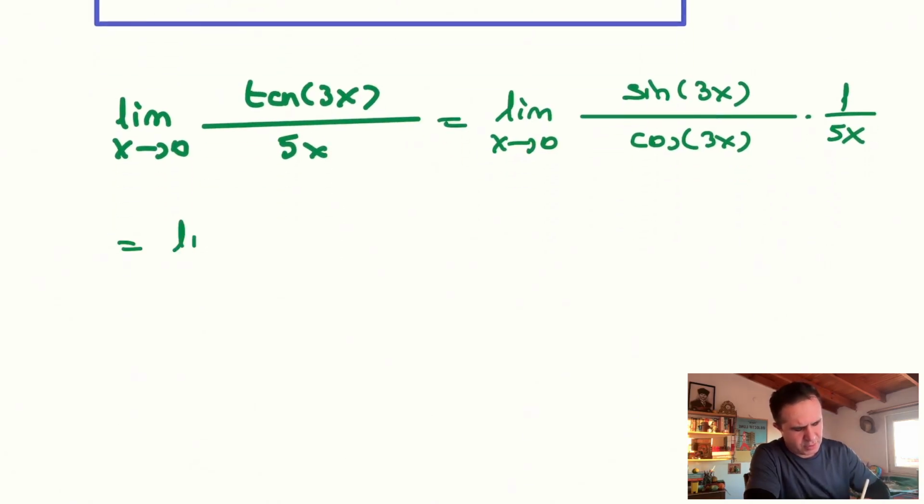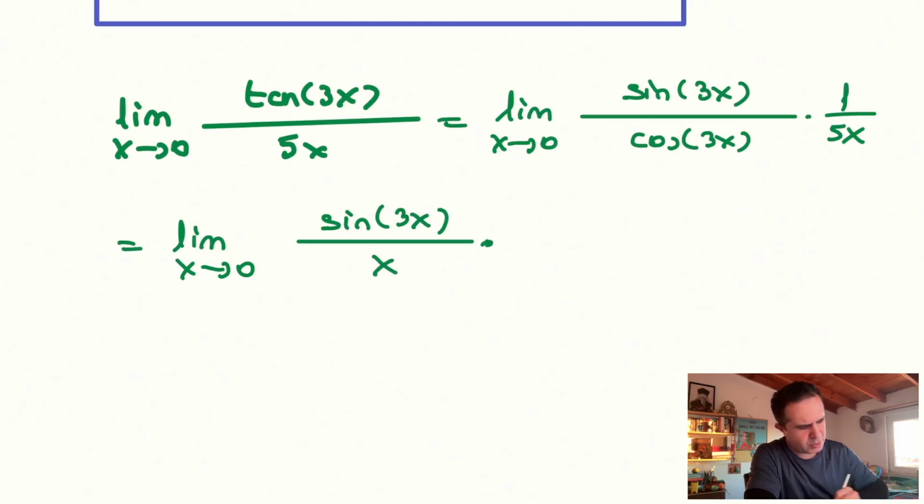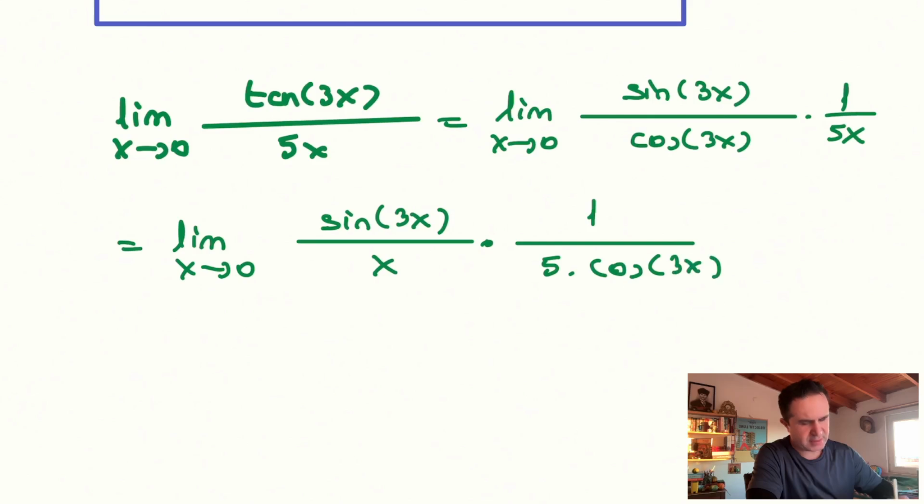This is equal to the limit as x approaches 0 of sine 3x over x, multiplied by 1 over 5 times cosine 3x.